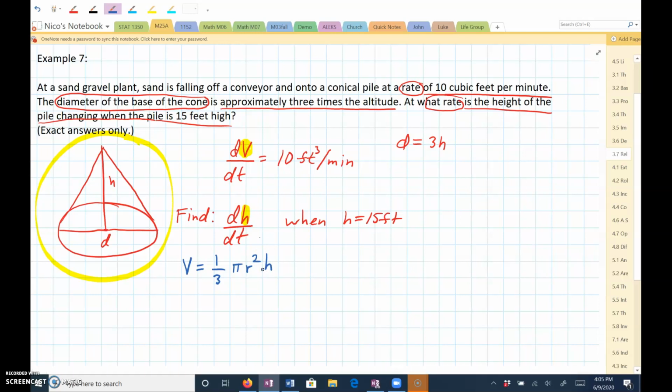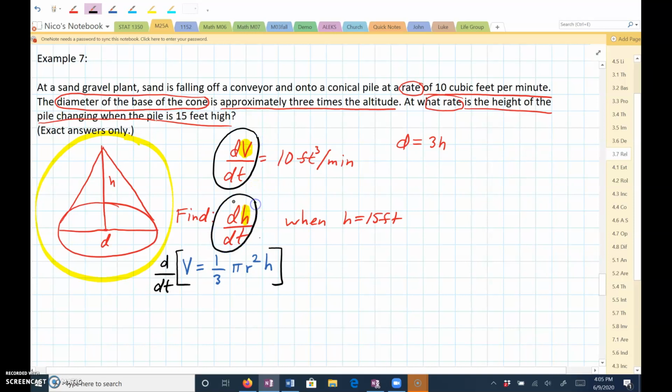Now if we take the derivative of this volume formula with respect to time, we'll have rates related to each other. But notice we have V, which is fine, and h, which is fine, but we also have a third variable r. Since nothing tells us the rate of change of the radius with respect to time, we need to see if we can substitute that out.